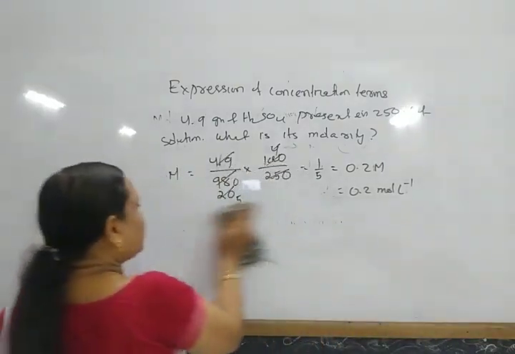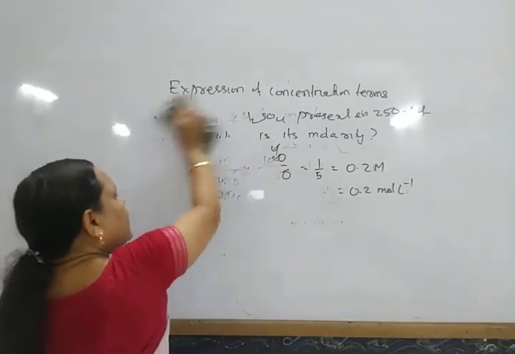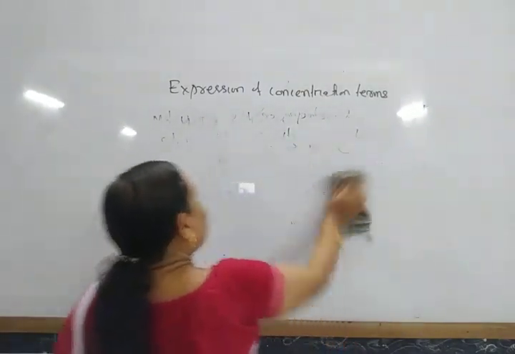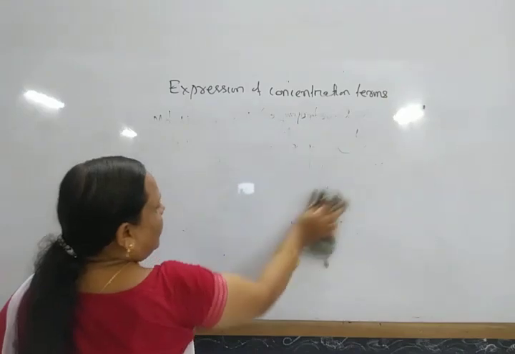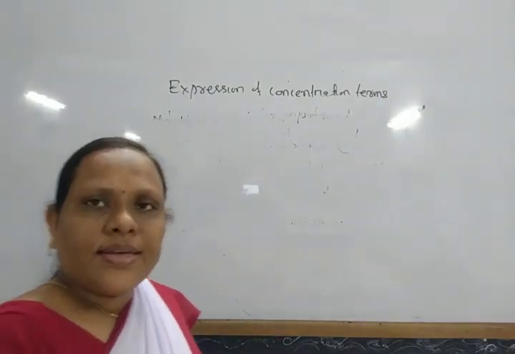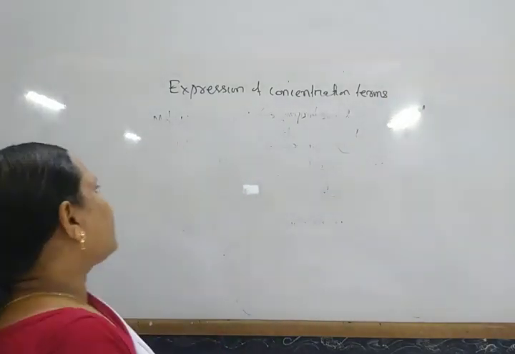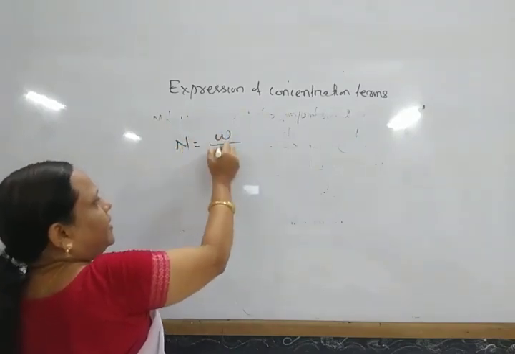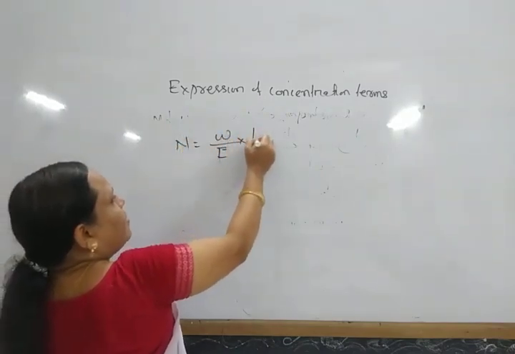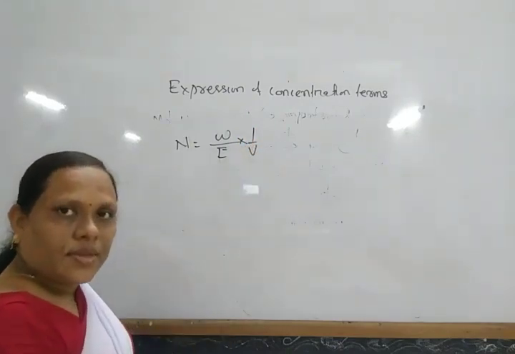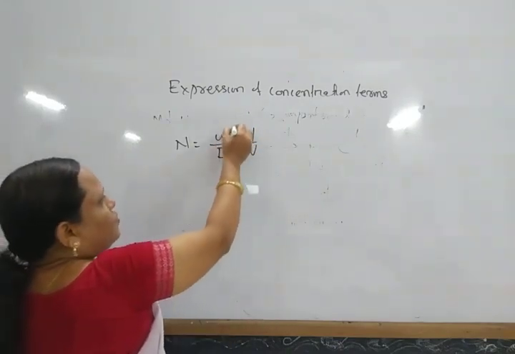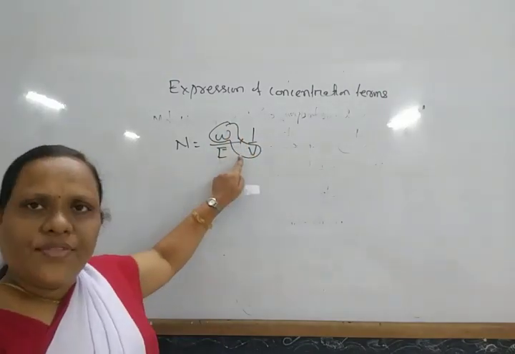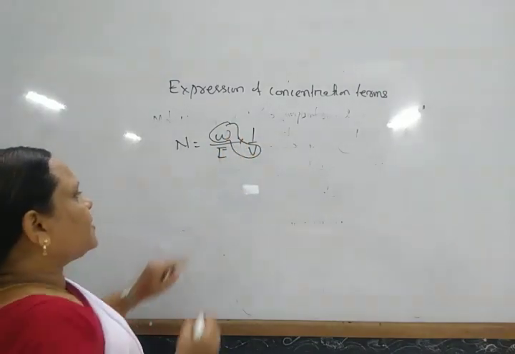Some interrelations. For example, what is the relationship between strength and molarity, strength and normality? Normality equals weight by equivalent mass into 1 by V. This weight of the substance per liter is known as your strength.